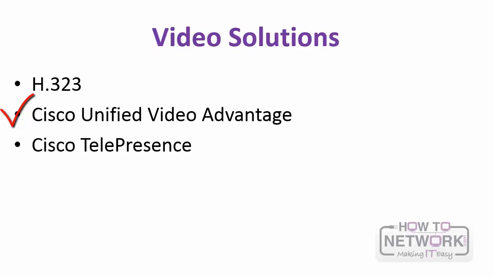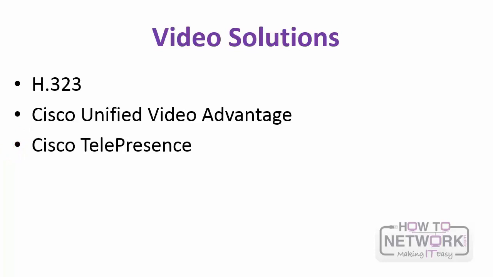When a voice call is placed between two users running the Cisco Unified Video Advantage product, a video call can automatically be started with a video appearing on each user's PC. Finally, the Cisco Telepresence solution uses CD quality audio and high-definition video displayed on large monitors to create lifelike video conferences.